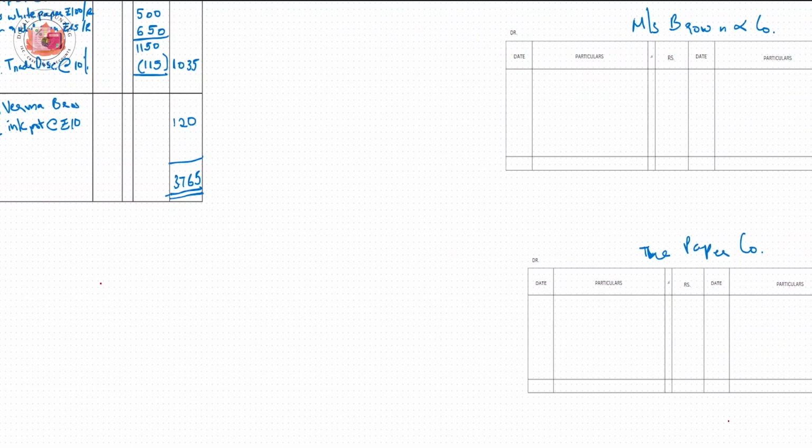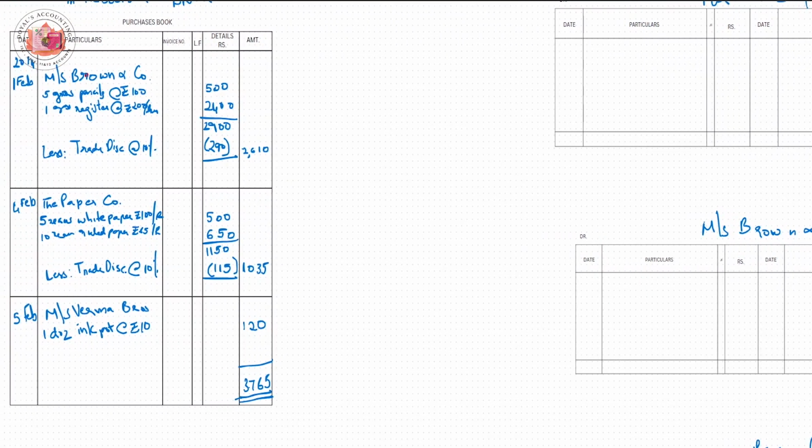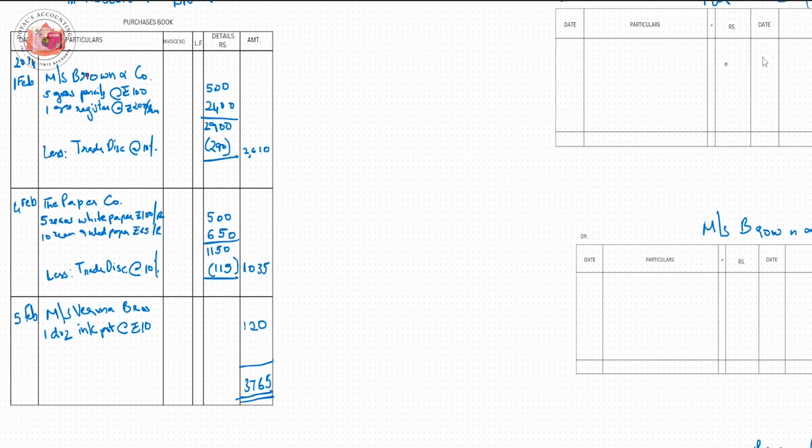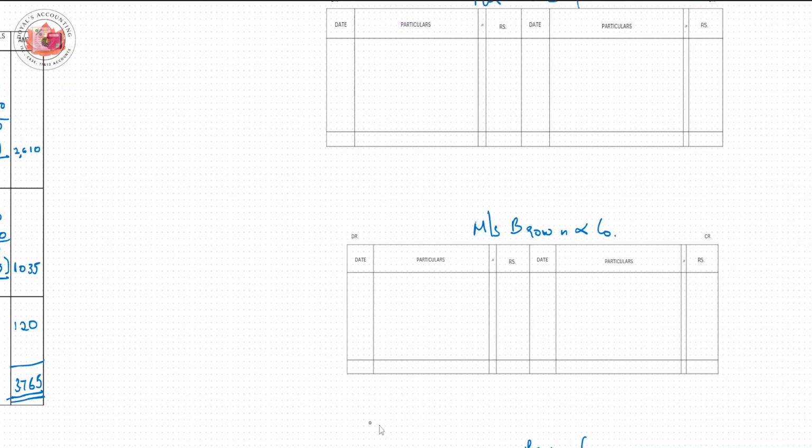So for Messrs. Brown and Company, we are paying 2610. The journal entry will be purchases account debit to Messrs. Brown and Co. In this I will not mention the trade discount separately. I will directly write the net amount that is being owed.